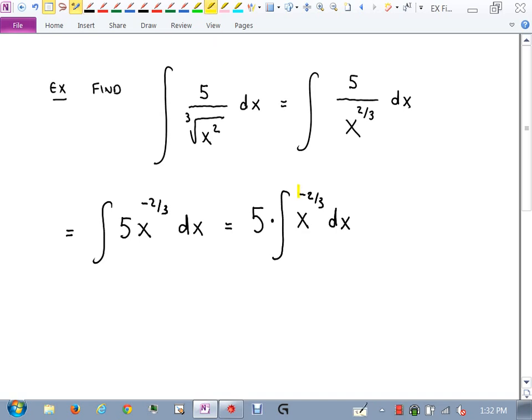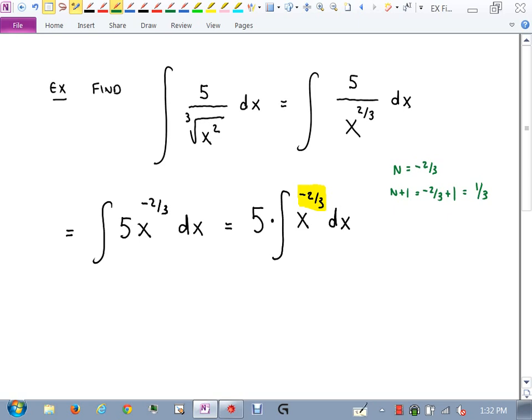So for us, what's n? Negative 2/3, right? n is equal to negative 2/3. So what's n plus 1? Negative 2/3 plus 1 is 1/3, isn't it? Negative 2/3 plus 1 is 1/3.